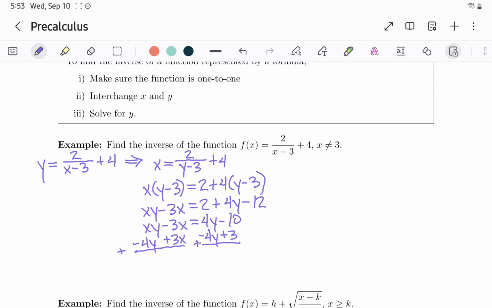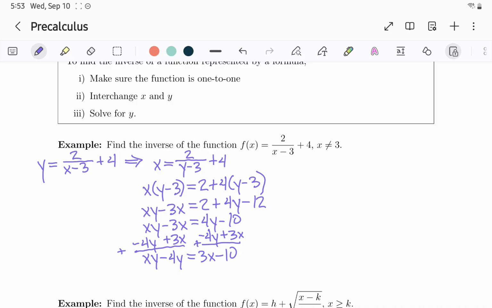Adding these up, on the left-hand side, minus 3x and 3x are going to cancel out. So we're just going to have x times y and then minus that 4y. And then on the right-hand side, we have 4y minus 4y. Those are going to cancel out. And so we will just have minus 10 plus 3x, or in other words, 3x minus 10.